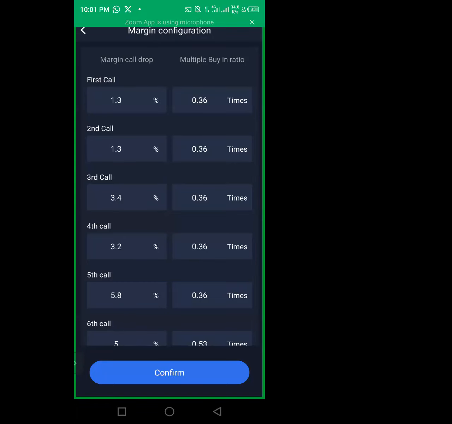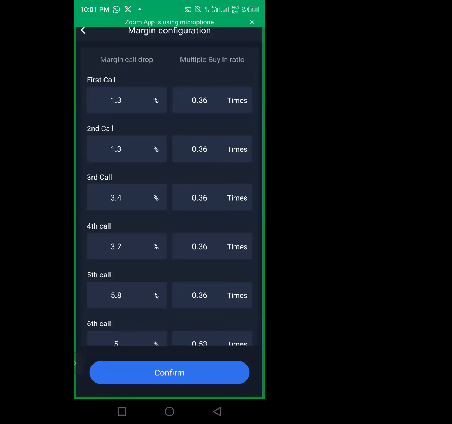The left part of the margin configuration works with price. I said at any percentage reduction, Royalq calculates the price of that coin. Every coin has its price, the value of the coin. So at any percentage drop, Royalq gets the value, the price of the coin. So the left-hand side, which is talking about the margin call drop percentage, is just talking about the price of the coin.